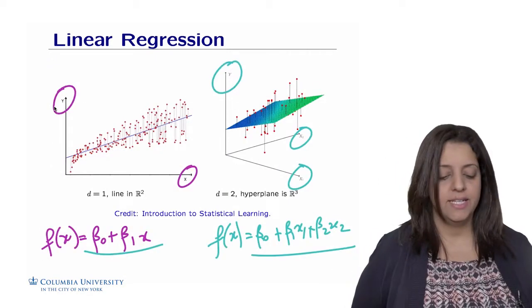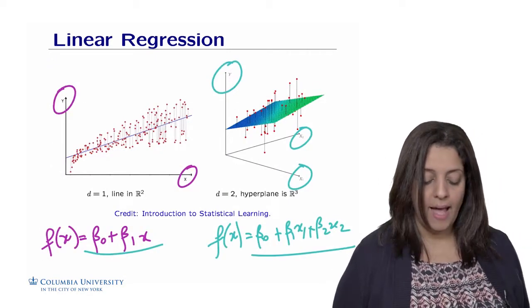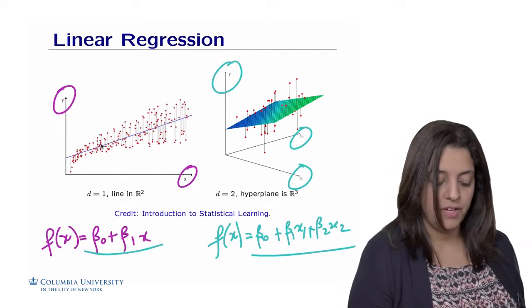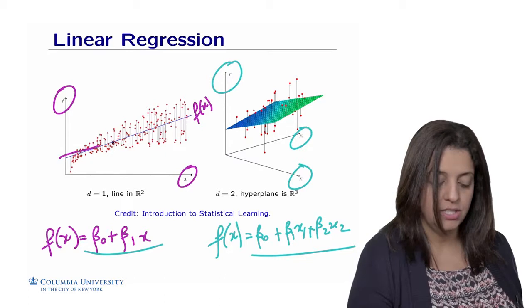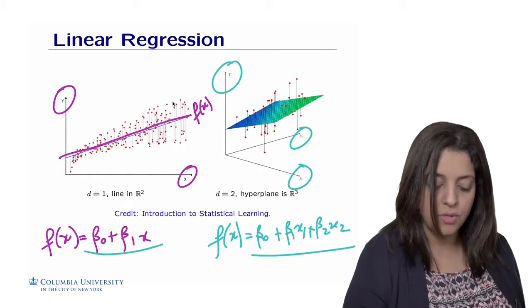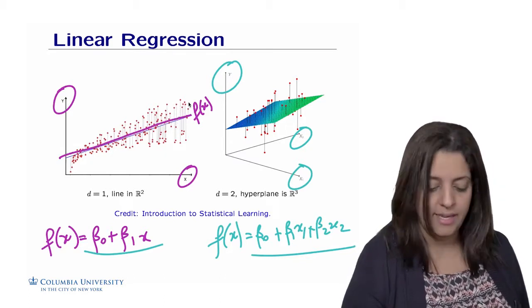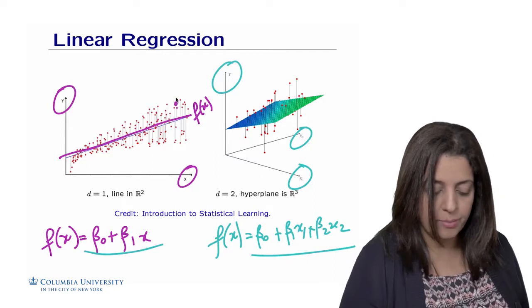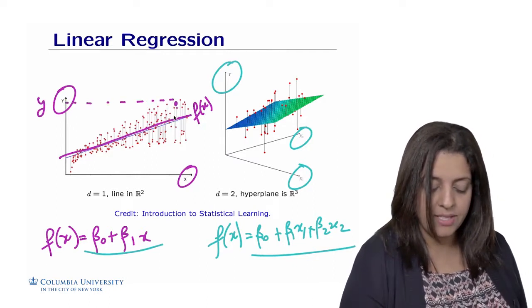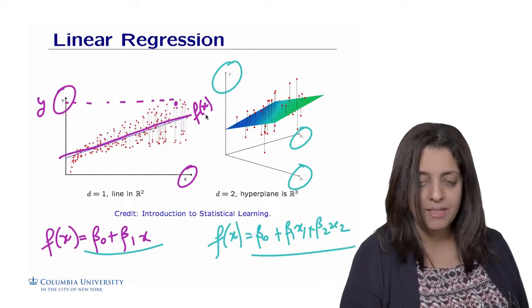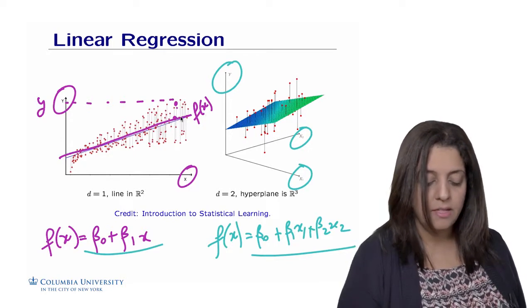Recall in the previous example, we defined this function f of x. And what we want to do is to make little mistakes, which means that if we take a data point that has a true label y, and for this data point, when we apply the function f, we get this point here.